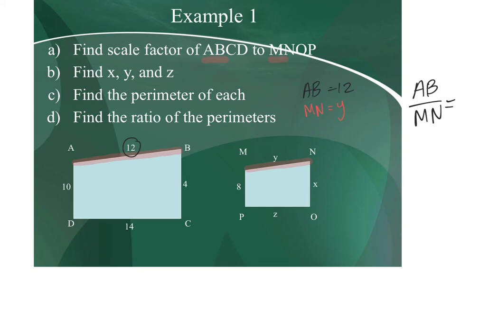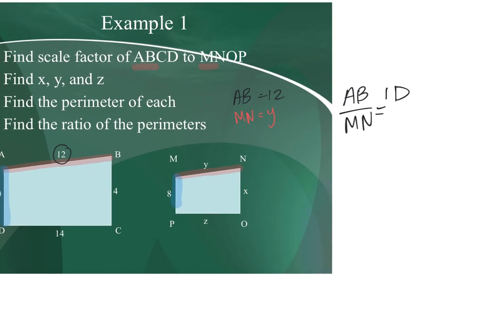No, because we don't know X, because NO would be X. Jaden, what did you say? AD and MP. So put AD and MP. And AD we know is 10, over MP. So we're just going to set up our proportion like this.